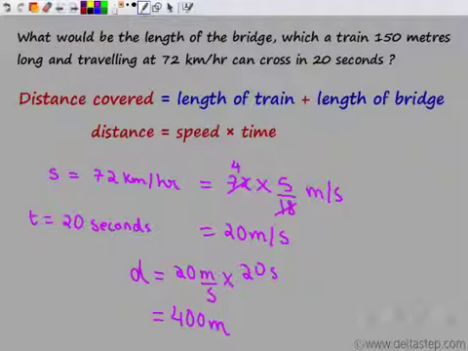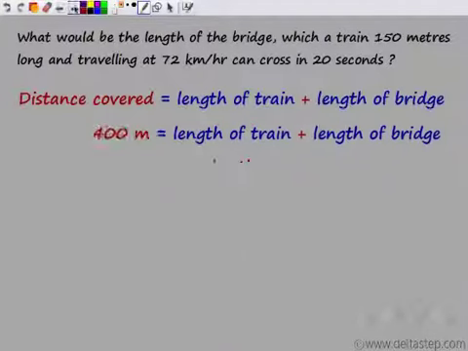Now distance covered we've got, which is 400 meters. We need to find the length of the bridge. So distance covered is 400 meters, which is equal to length of the train plus length of the bridge. So this is 400 meters, which is equal to length of the train, also known to us, which is 150 meters, plus length of the bridge, which we want to find.